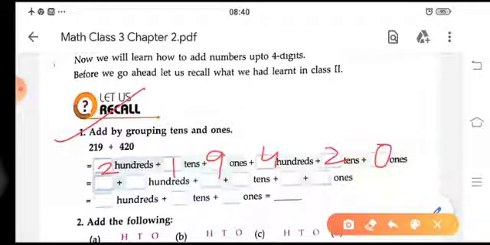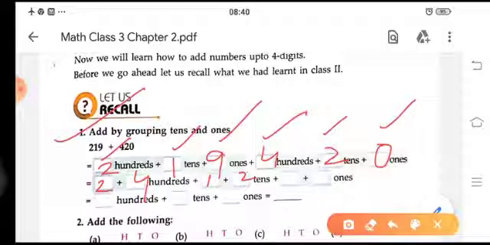Okay, children, then we add the numbers which are at the hundreds place, like 2 and 4, then the numbers which are at the tens place, 1 and 2, then we add the numbers which are at the ones place, 9 and 0.